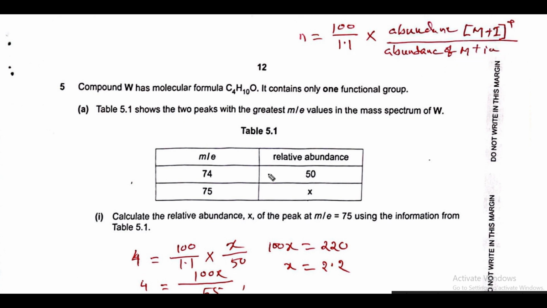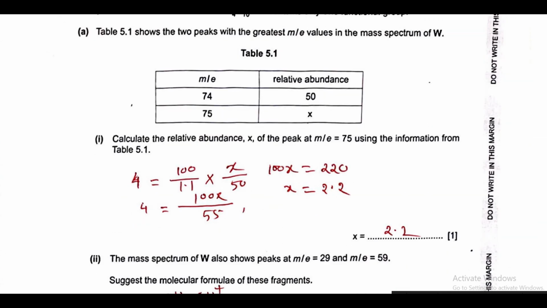So here the number of carbon atoms is 4, equal to 100 divided by 1.1 times X, the M+1 peak at 75, divided by the M ion, given as 50. If you calculate, you will get X equal to 2.2%. So X equals 2.2.